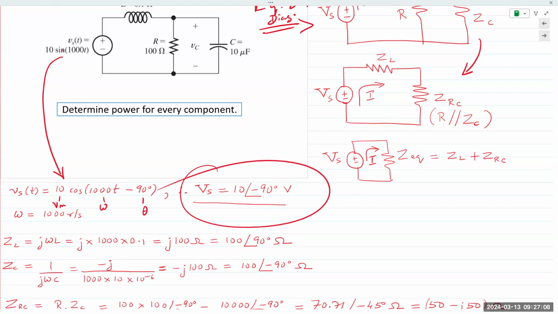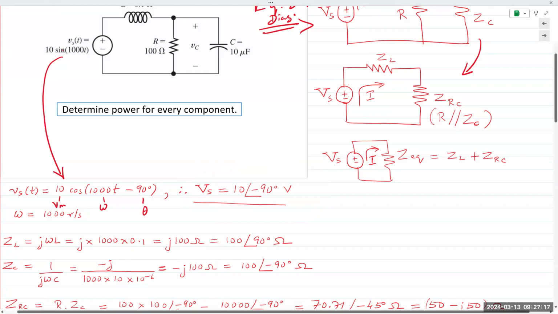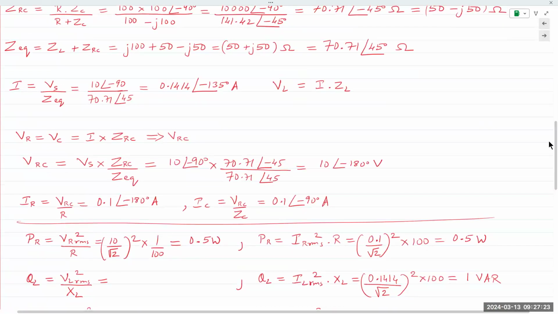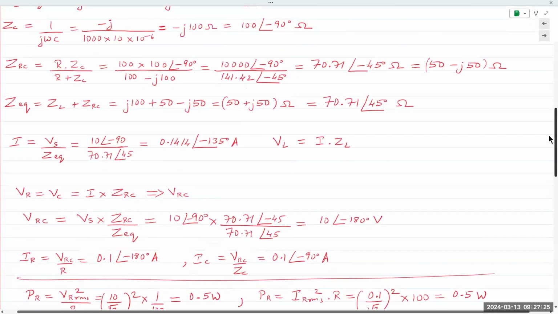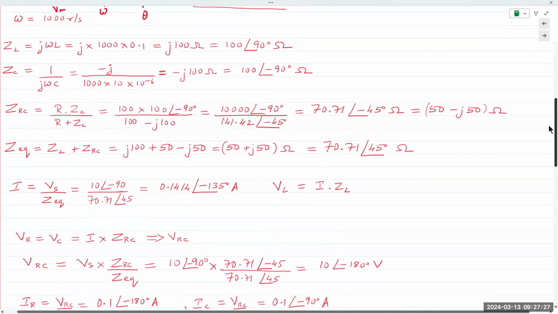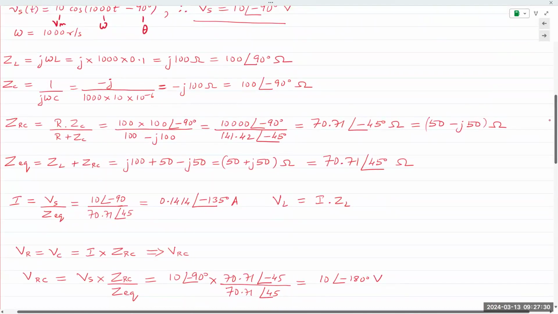We use complex numbers to represent both the impedances as well as our sources. So the source is represented as a complex number, magnitude 10 with a phase angle of minus 90. Then we go to the impedances, apply our equations for ZL, ZC, and ZRC.